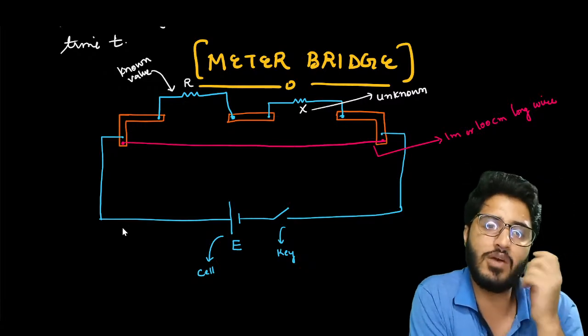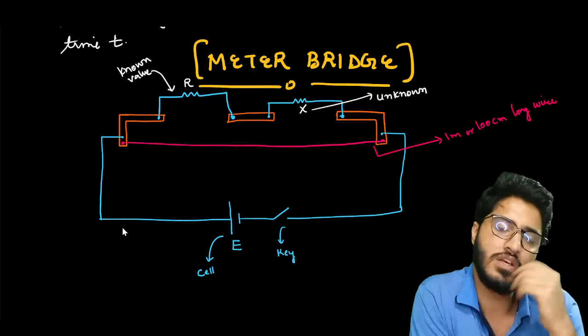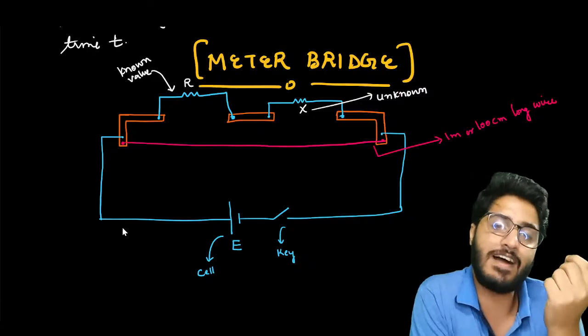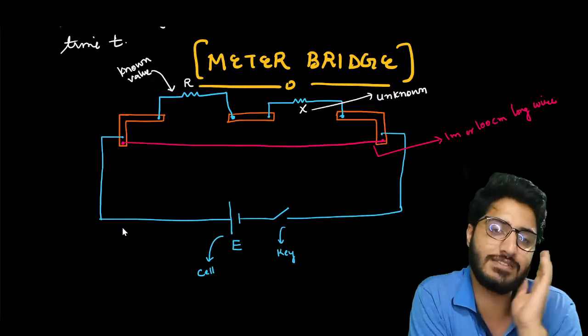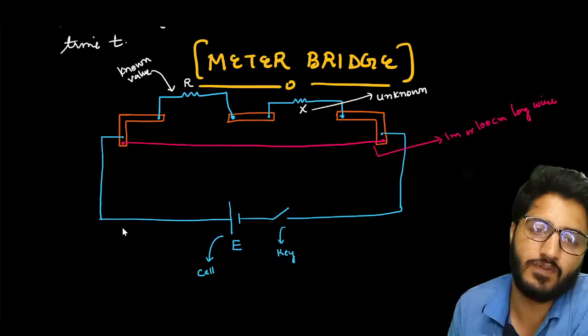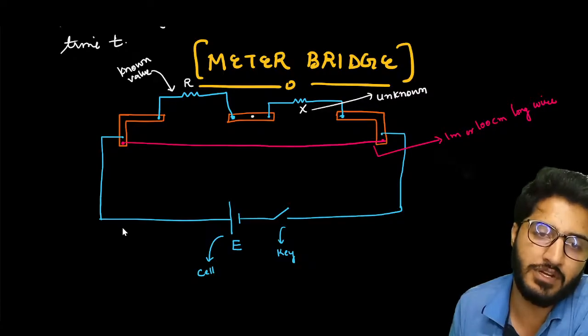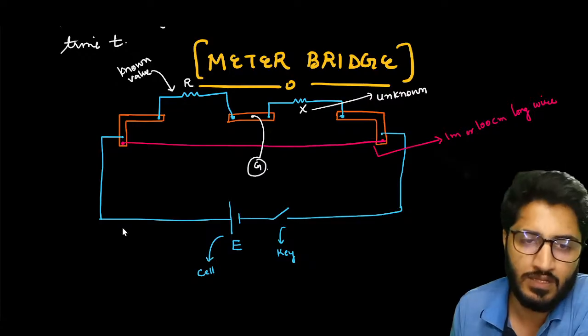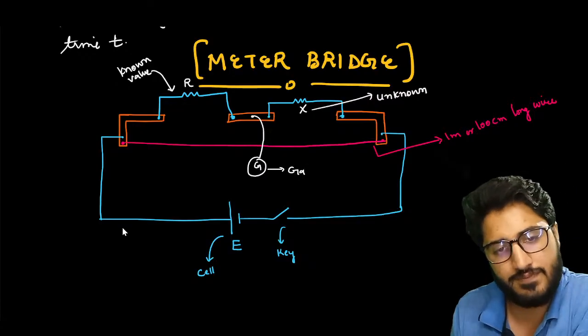So with the help of this meter bridge, what can we do now? We will find what the value of X should be. How? We will connect a galvanometer here. This one is my galvanometer.